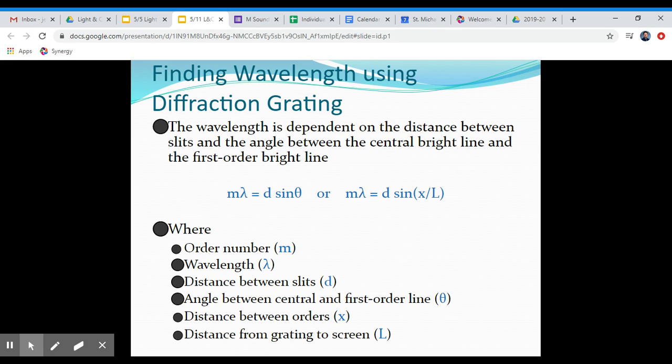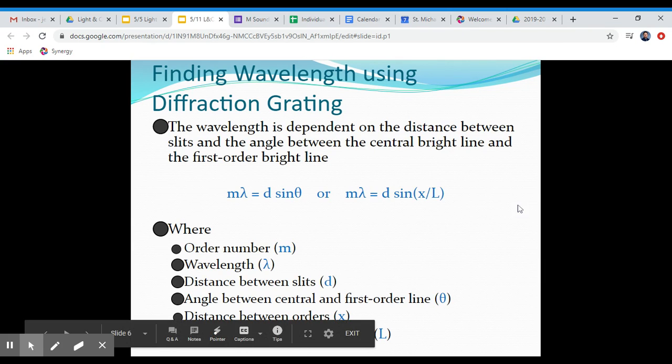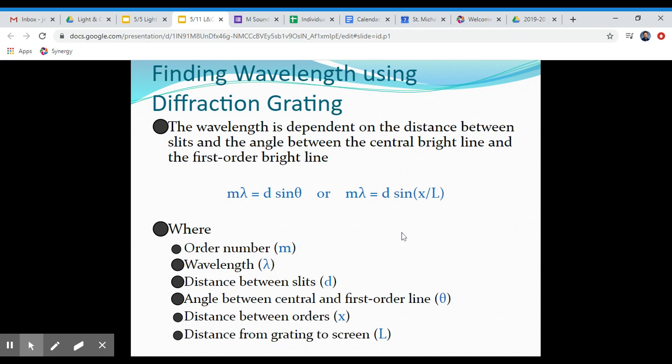So when we're dealing with really small angles, we can substitute sine in for tangent.